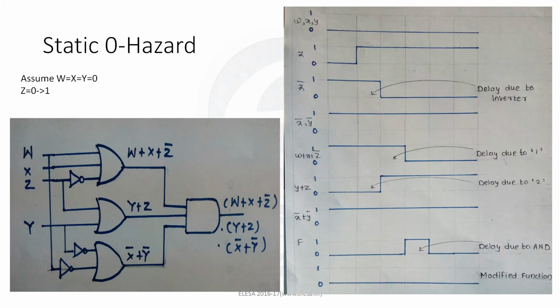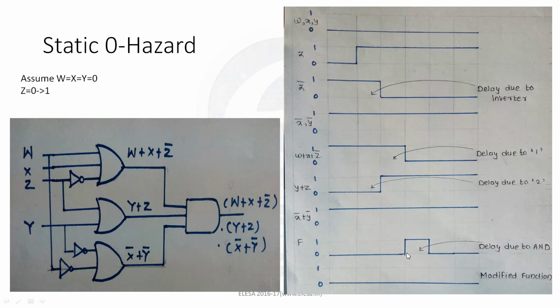Z bar is again the complement, and x bar and y bar are constantly 1, and the output of this OR gate is delayed here, and then y plus z, which is the ORing of y and z, is also delayed because of some internal circuitry. And as x, y are 0, x bar and y bar are constantly 1, and here is the output, which is 0, which we expected as 0, but there is a glitch of 1.